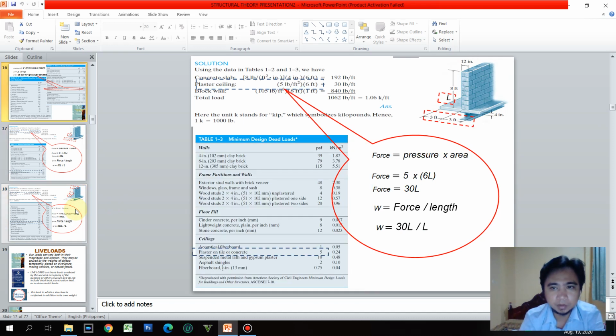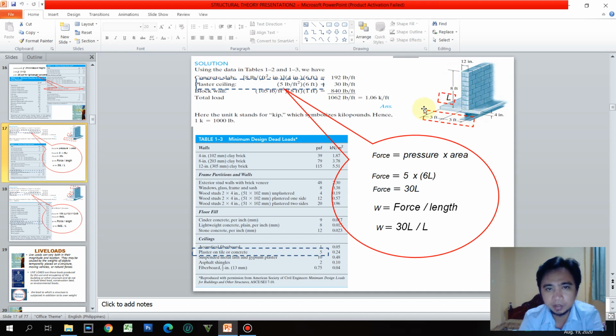So moving on, that's it for concrete slab, 192 pounds per feet. Moving on to plaster ceiling. Plaster ceiling, where's that? Table 1-3. They have used again PSF, plaster on tile or concrete, pounds per square foot. What is the square foot covered by this plastered ceiling?